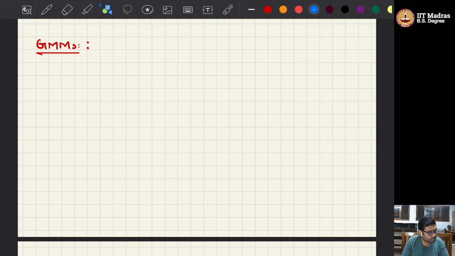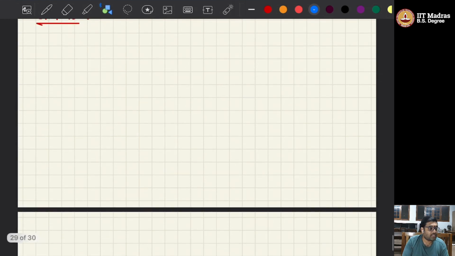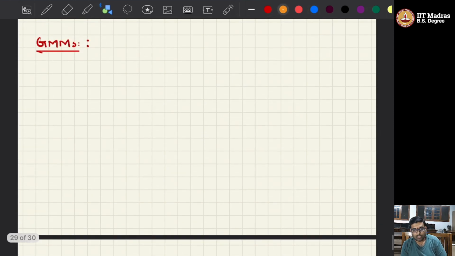Now let's define the problem first. We know that GMMs are a special case of latent variable models, wherein your latent variable is discrete. That is the assumption that we are making. It's a Z. Your latent will be a discrete distribution.